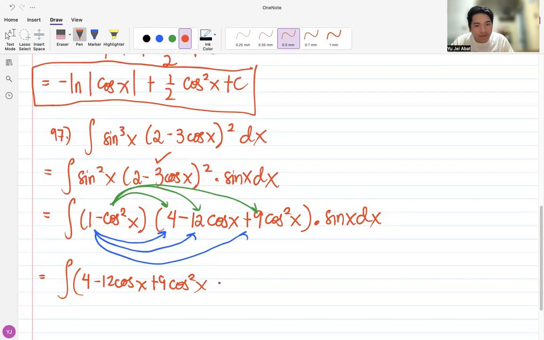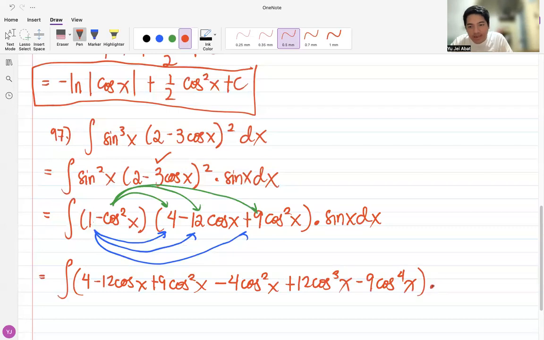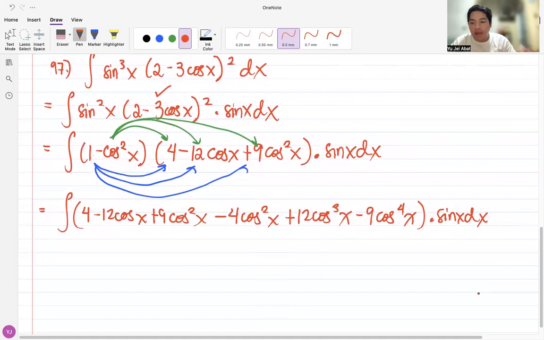So I have negative 4 cosine squared x plus 12 cosine cubed x minus 9 cosine raised to the 4th of x, and then sine of x dx. That's how simply we did that. We just distributed the 1 minus cosine squared, and then we have this term.